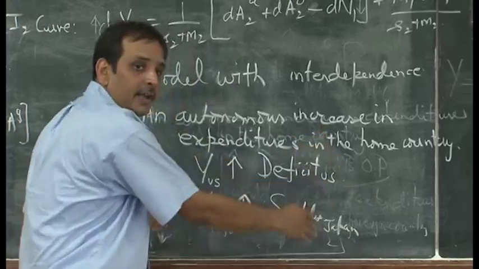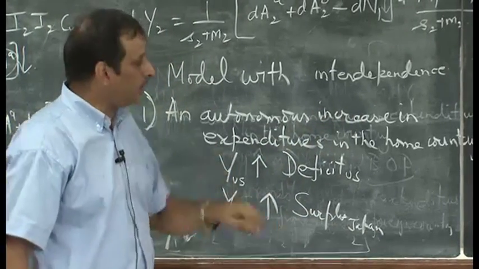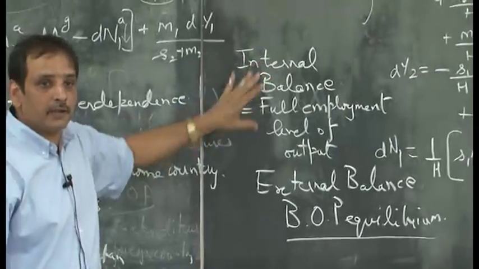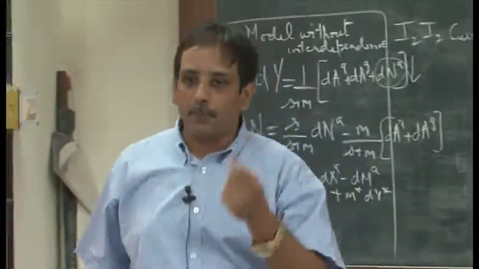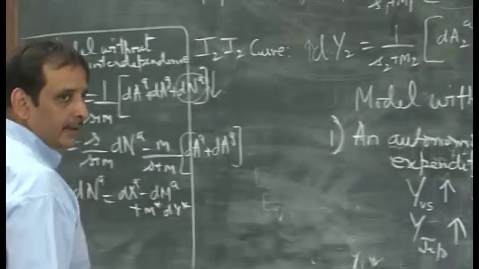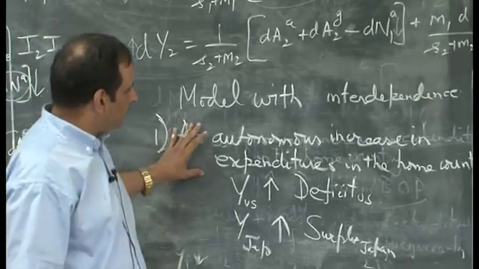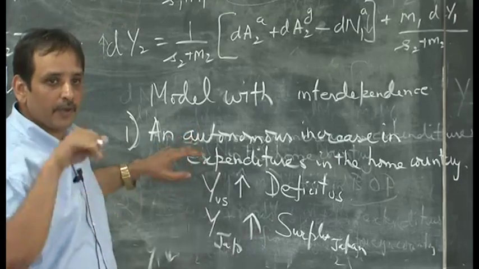This is the entire effect of an autonomous increase in expenditures. So both countries move out of their internal and external balance. So when I say the appropriate policy from national and global point of view would be again the same, that if there is an autonomous increase in expenditures, you reduce your expenditures.